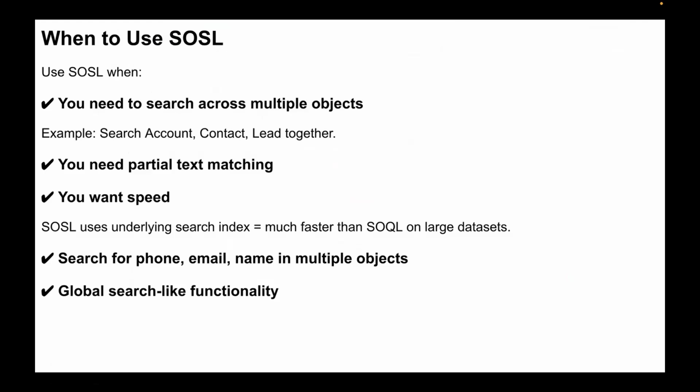Next, when you need partial text matching, you can use SOSL. Then speed: SOSL uses the underlying search index, which is much faster than SOQL on large data sets. Also when you need to search for phone, email, or name in multiple objects, and last but not least, global search-like functionality. In those cases, you can use SOSL in Salesforce.